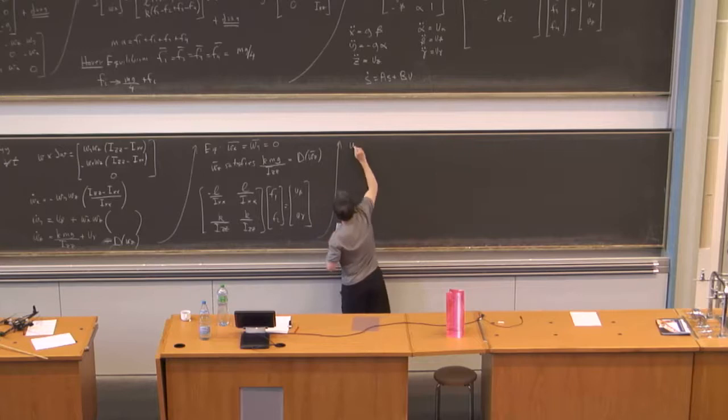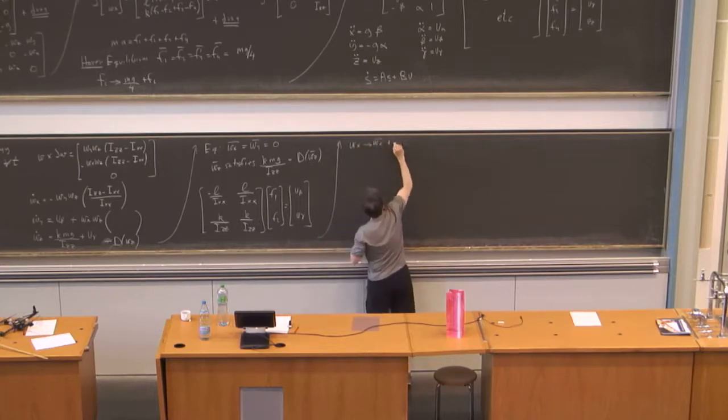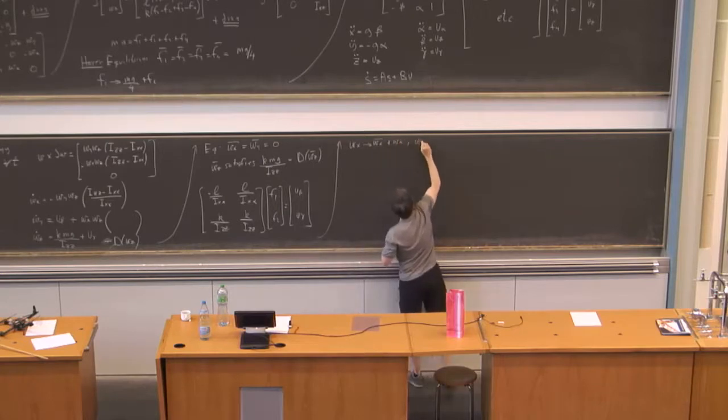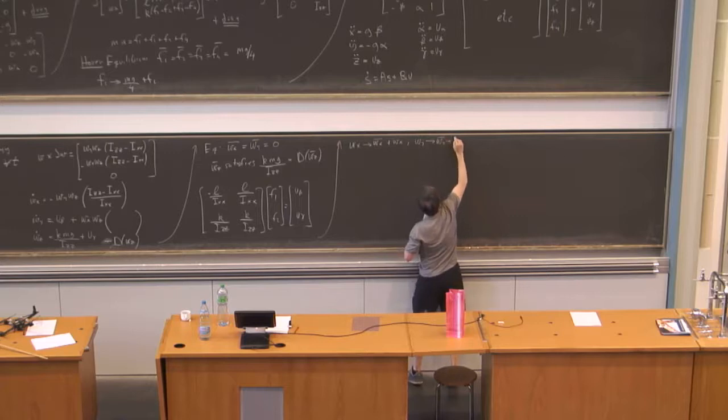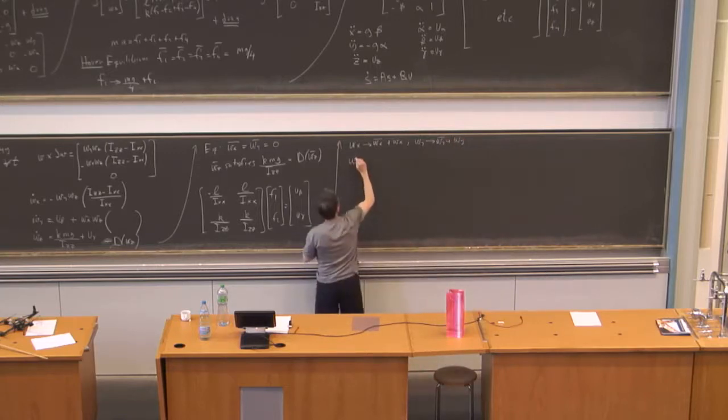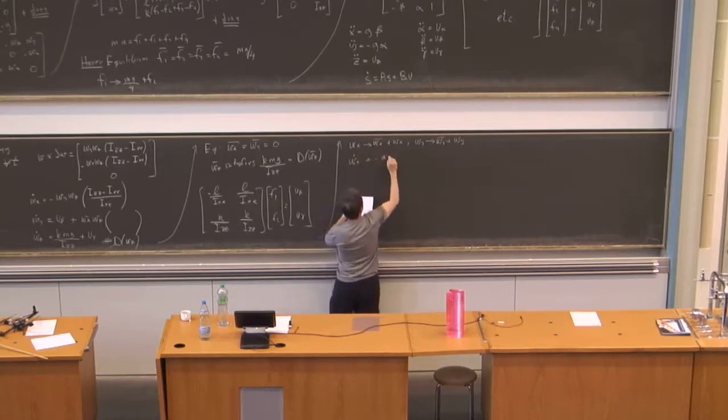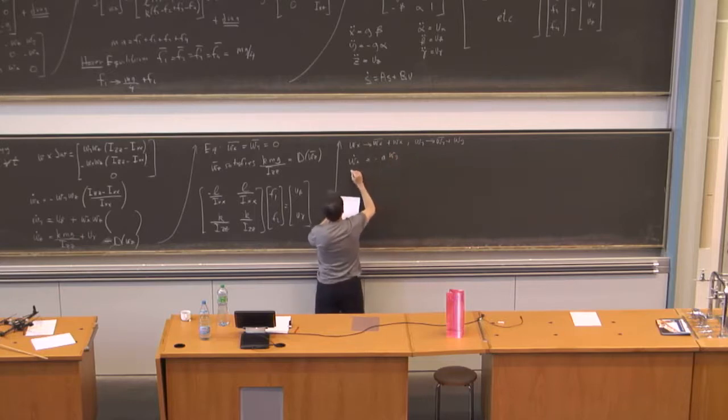We're going to let omega sub x go into omega sub x the equilibrium plus small perturbations. Omega sub y goes to omega sub y bar plus small perturbations. And if we do that, we get the following equations. Omega x dot is equal to minus a omega sub y.